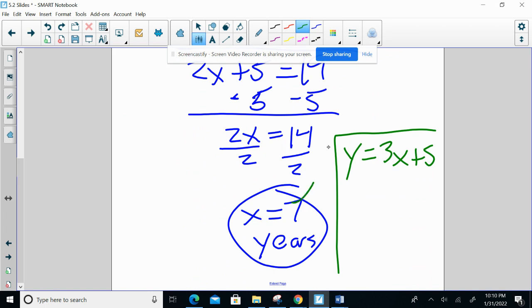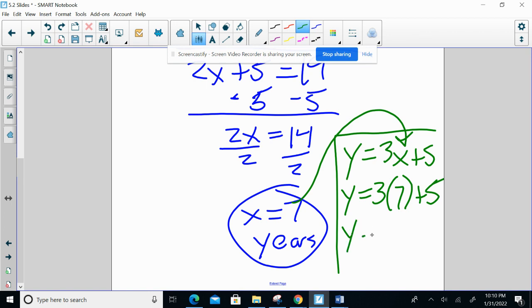But basically, we found x, so take x and plug it in. 7 in for x. 7 times 3 is 21, plus 5. There's your 26 pounds. I'm not going to try and write pounds there. I don't really have room.